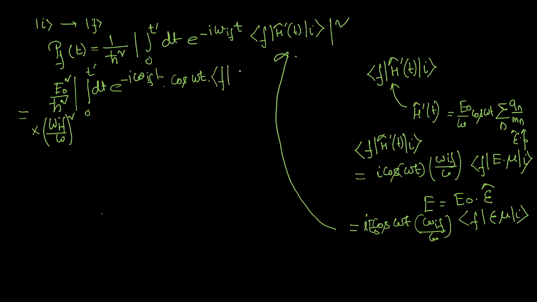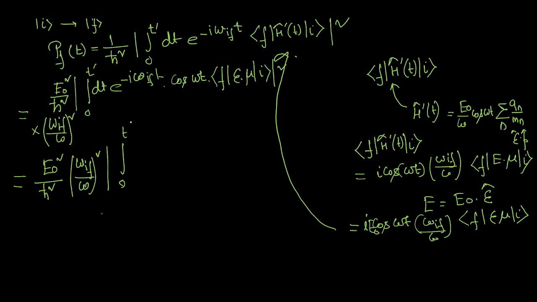If E dot mu I square, so E0 H cart square omega I F by omega square, omega t square.